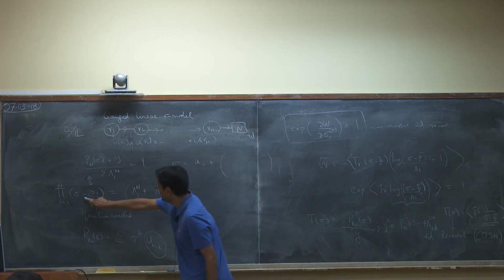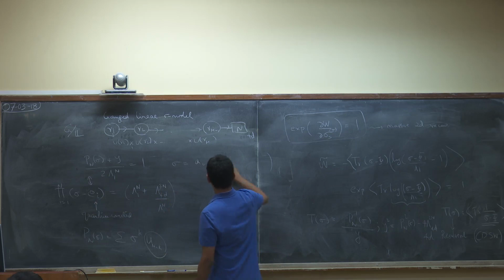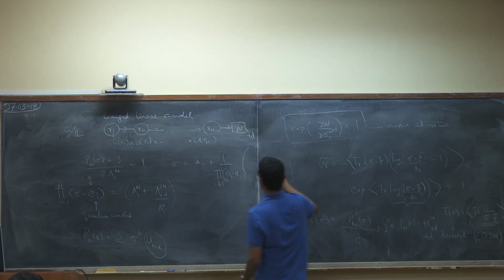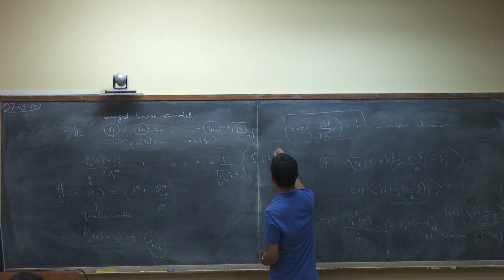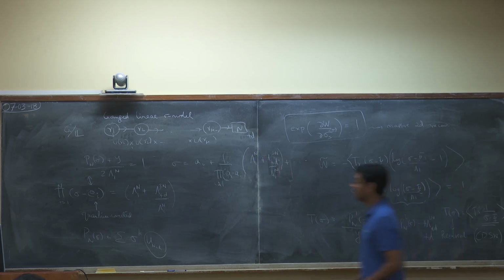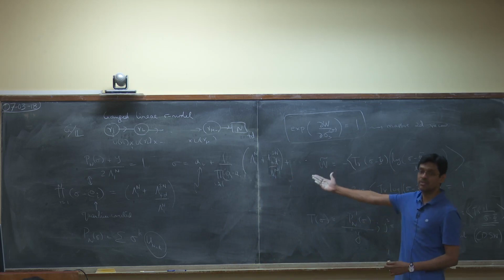So if I expand about sigma equals a_i, I'll get plus 1 by product over j not equal to i of a_i minus a_j, times the same right hand side, plus higher order terms. And this is telling you what the surface operator you're looking for is.